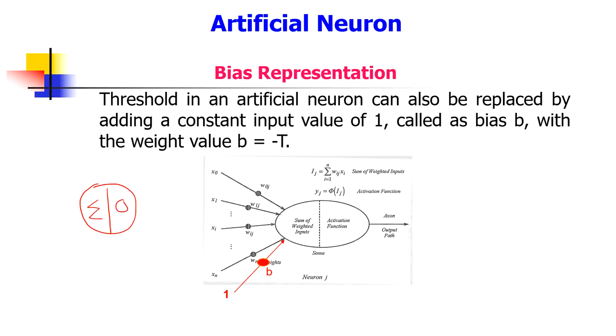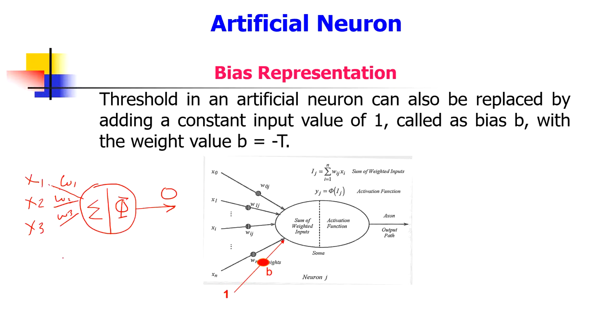I just put the activation symbol here, and we have a series of inputs, let's say x1, x2, x3, then the connection lines between the input and the neuron, and in between we have the weights. So let's say this is weight 1, weight 2, weight 3, and then we have the output part of the neuron. This is the basic component of the neuron.